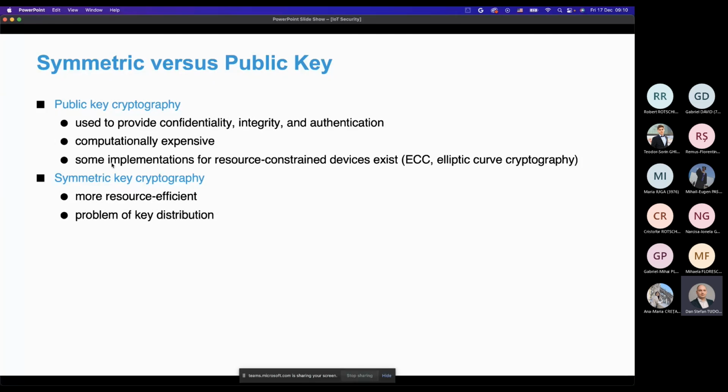Whenever you have a network that is highly resource constrained, then you might not prefer these public key algorithms and instead prefer a symmetric key cryptography approach. It's significantly more resource efficient.